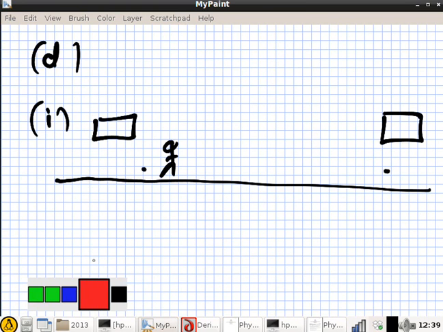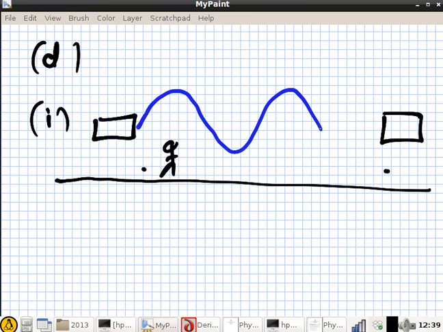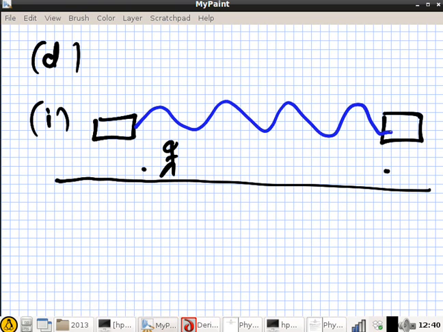What's happened is a standing wave has been made between the 2 speakers. Now let me draw it a bit better. So the reason for the increase and the decrease is because you're actually walking through a standing wave. 2 marks.